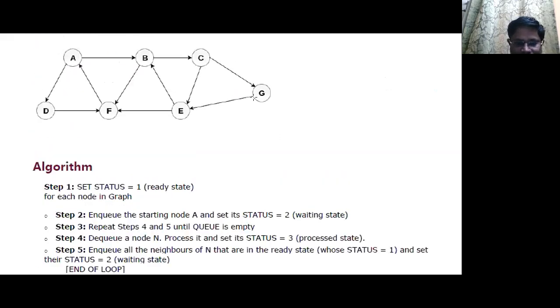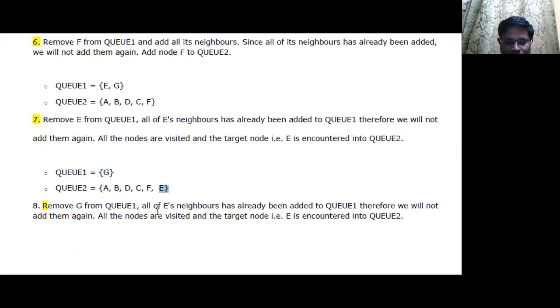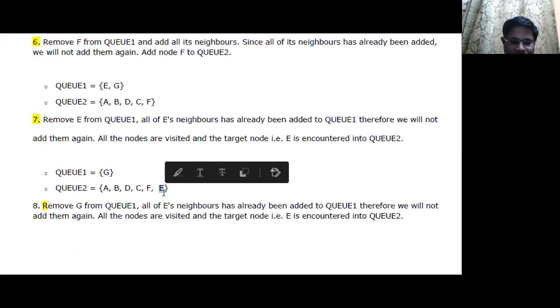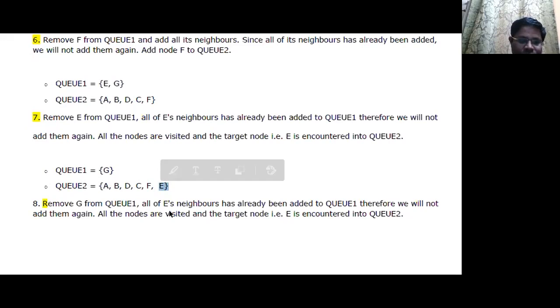G has only one neighbor, that is E. But E has already been added to the queue, so there is no need to add it again. All the nodes are visited. After this step, our queue will look like this.